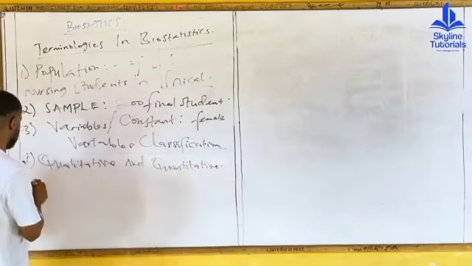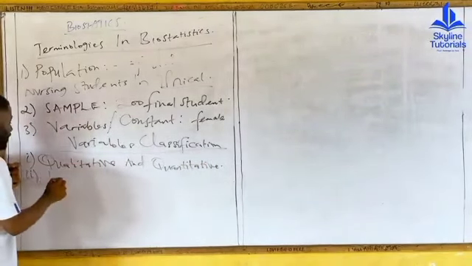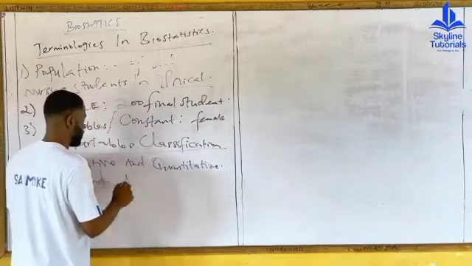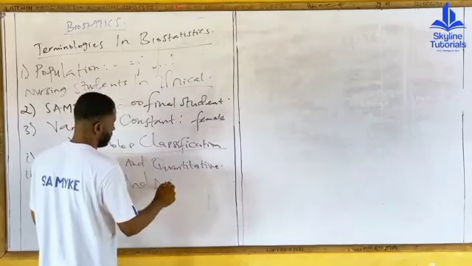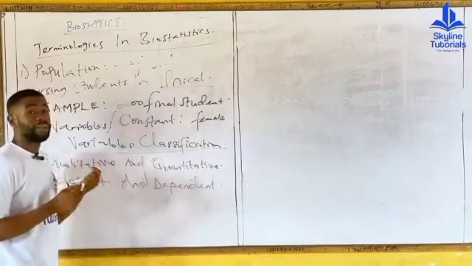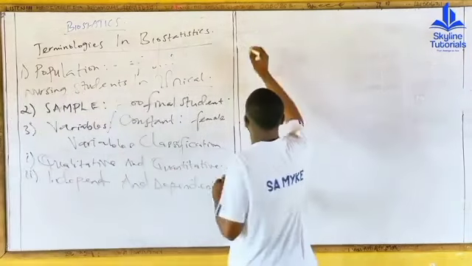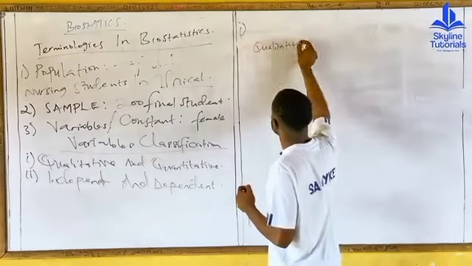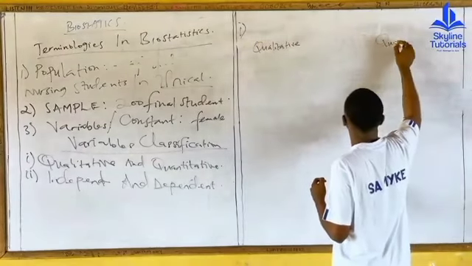The next we have is independent and dependent variable. So let's look at them individually. The first we have is qualitative, and then we have quantitative.